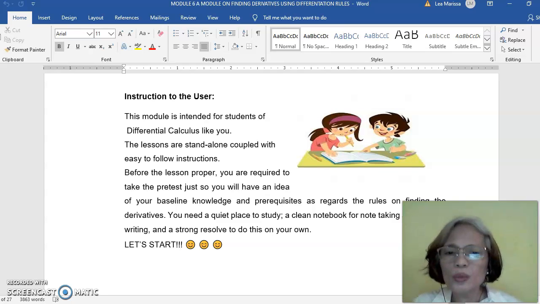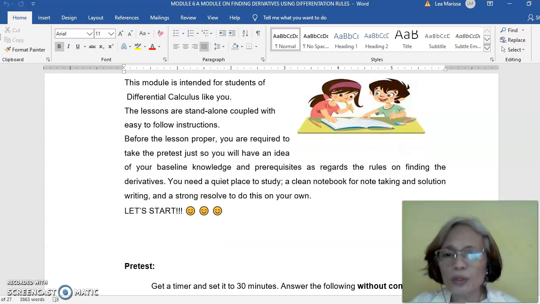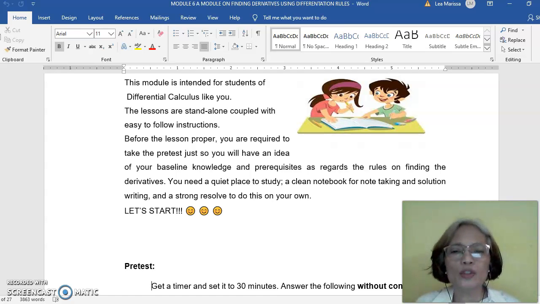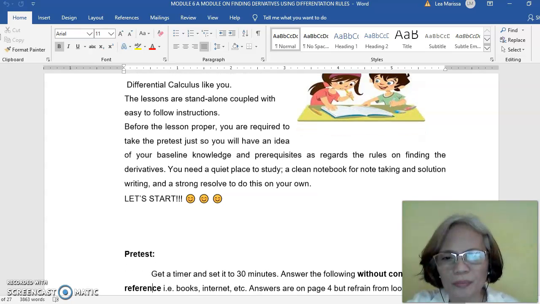Why? Just so you will have an idea of your baseline knowledge and prerequisites as regards the rules on finding derivatives. I give instruction that the learner needs a quiet place to study, a clean notebook for note-taking and solution writing, and, this is important, a strong resolve to do this on his or her own. And then, let's start. I put happy emoticons there.